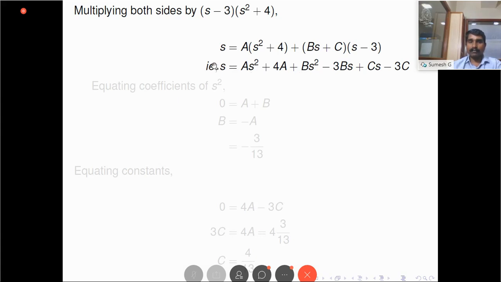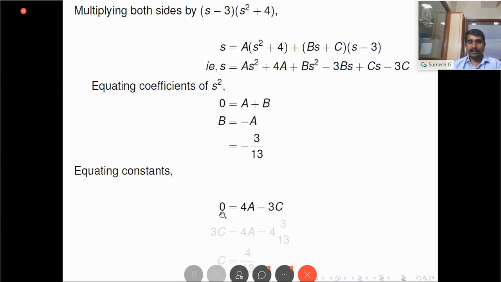There is no term of s square in LHS, so its coefficient is 0. There are two terms of s square in the RHS, so coefficient is a plus b equal to 0, so b equals minus a. Now equating constants, we get 0 equal to 4a minus 3c. From this relation, we have c equal to 4a by 3.